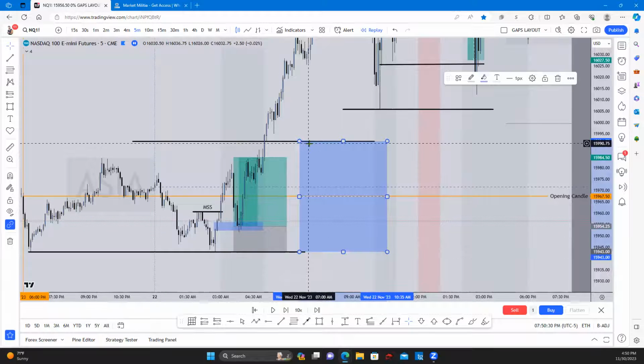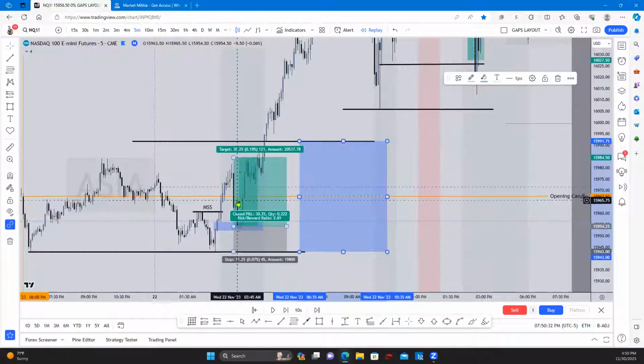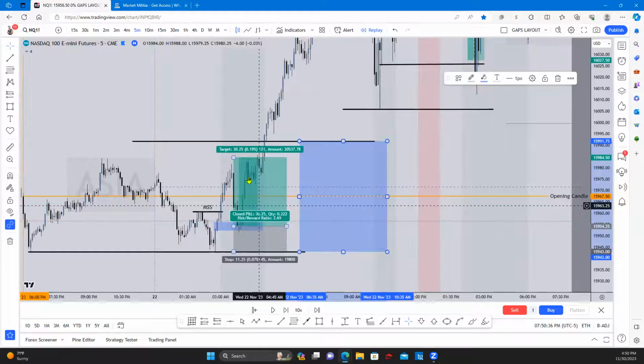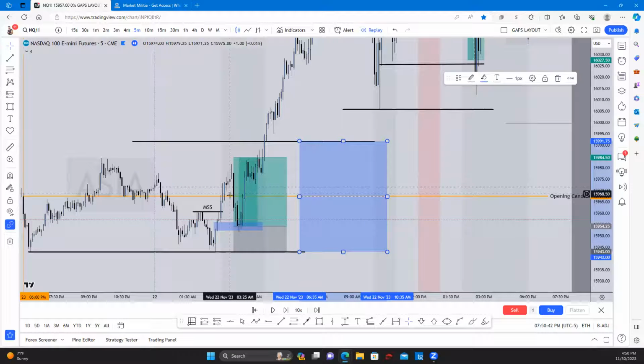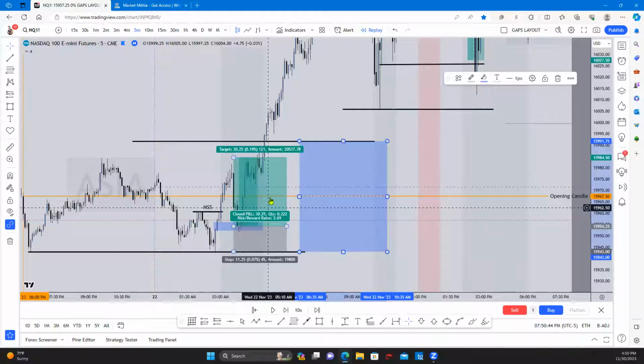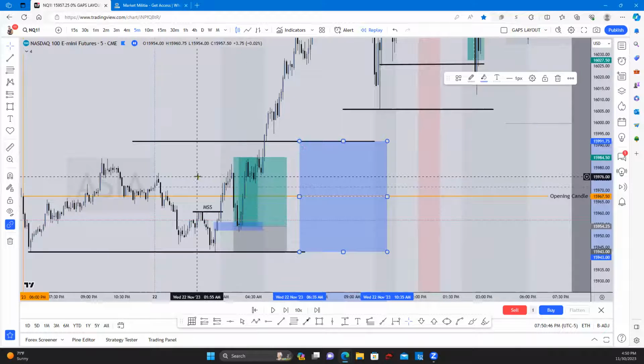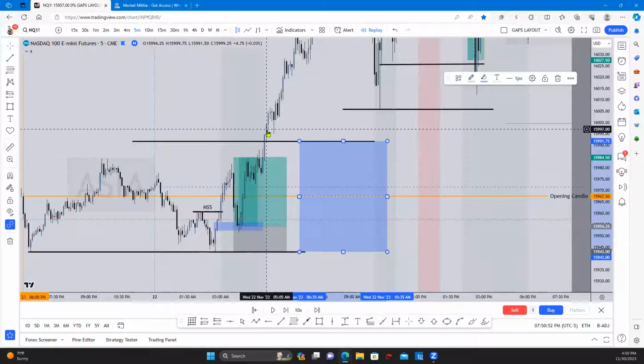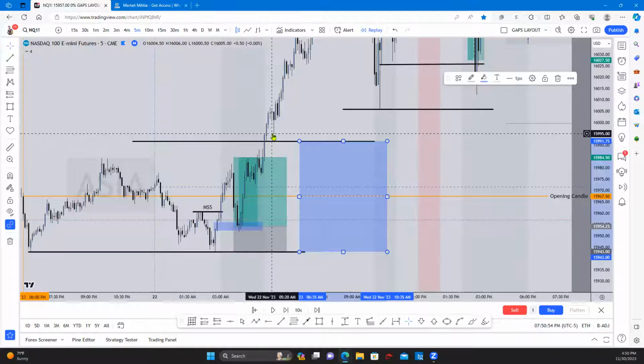So from this low to this area, we would want to be looking for buy entries, right? Which gives us this whole area right in here, which consequently 50% is right in here. So we got lots of movement. You could have been a buyer here on this gap as well, or just outside of here.